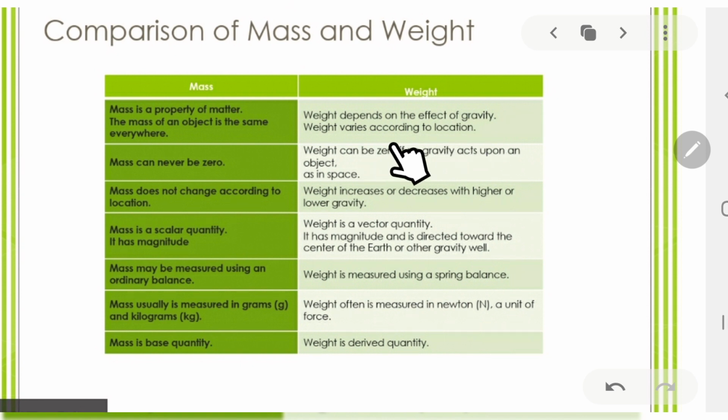Weight varies according to location. Ini saya sudah terangkan tadi. Weight varies according to location. Seperti kalau di bumi dengan di bulan memang beratnya akan berbeza, disebabkan tarikan graviti berbeza. So mass can never be zero, but weight can be zero if no gravity act upon an object. For example, as in space.